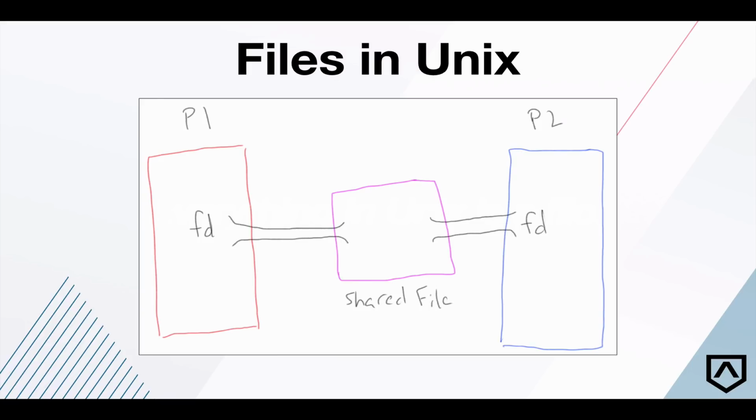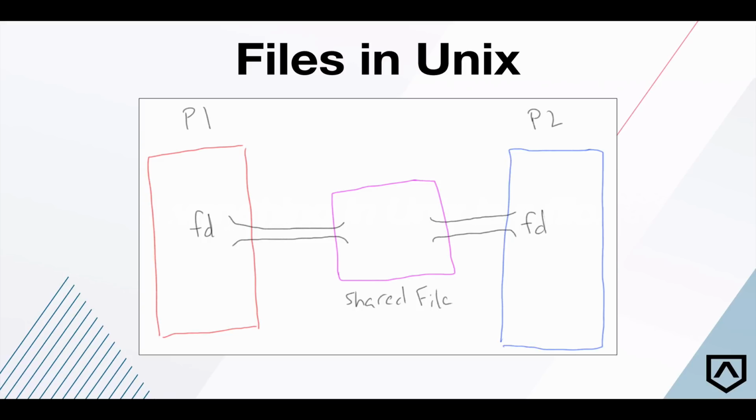As you can see here in this illustration, we might have two processes, P1 and P2. If they wanted to perform any sort of inter-process communication or I/O between both processes, they would do that in Unix using a shared intermediary file that both processes would have read and write access to.